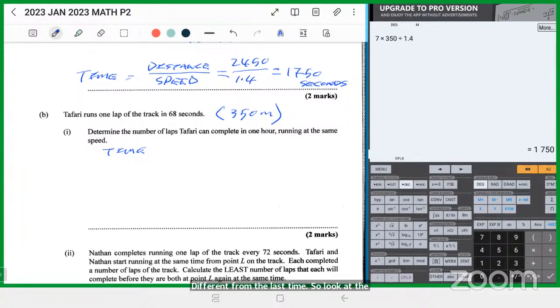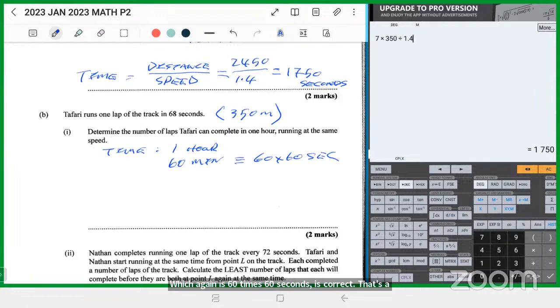So the time, which is 1 hour, is 60 minutes, which again is 60 times 60 seconds. So it's correct. That's the total time in seconds. And he's doing 68 seconds per lap.